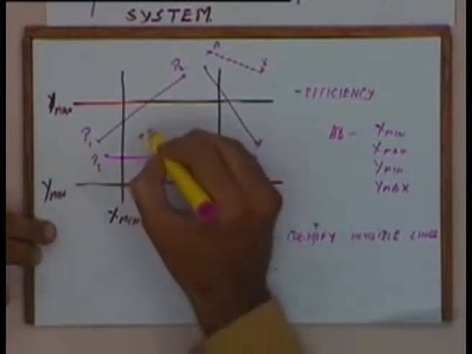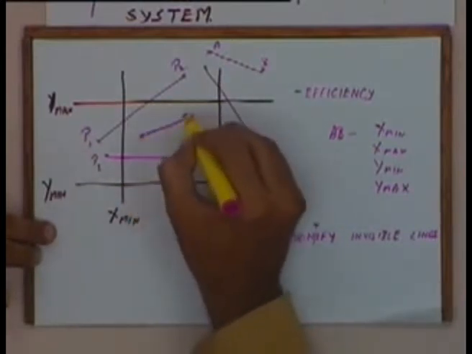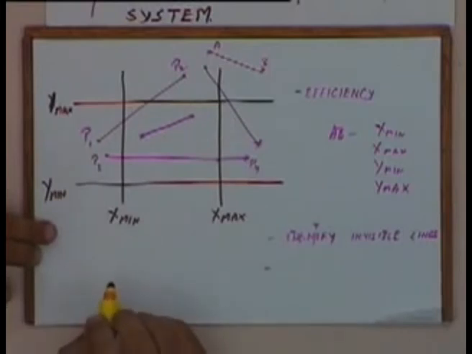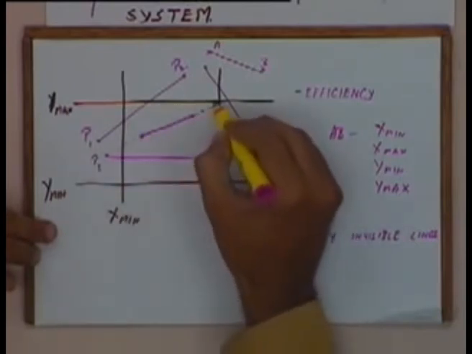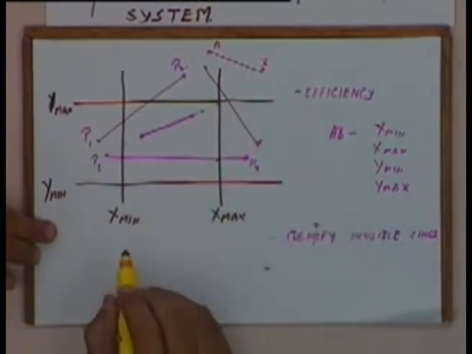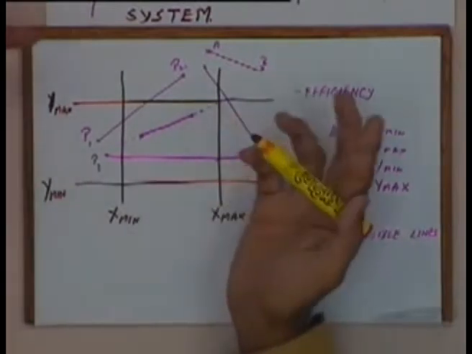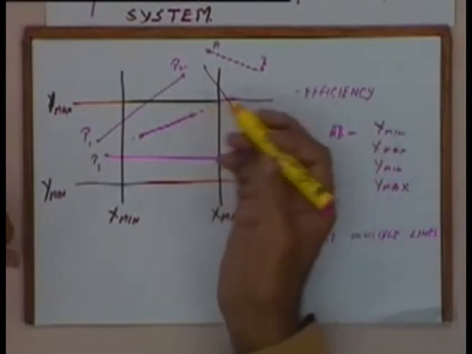Similarly, if the line is completely inside, even then I need not find out the intersections. Because the line is inside, there is no point in finding out the intersections. I have to draw the complete line anyway.